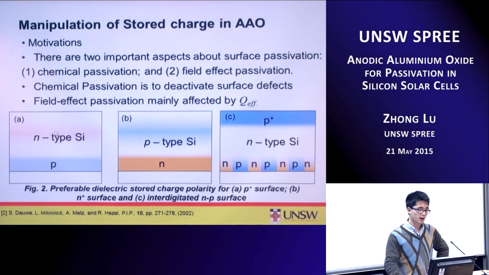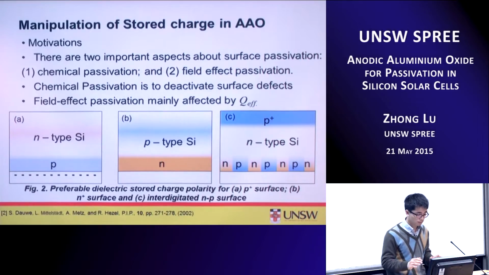So in figure A, we have a very typical N-type substrate and a P-boron diffused surface. To passivate this structure, it is preferable to have a negative stored charge. The reason being that with a negative stored charge, you will be able to repel the minority carrier, which in this case is electron, away from the highly recombinating surface.